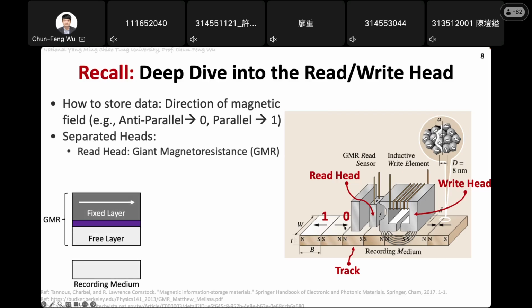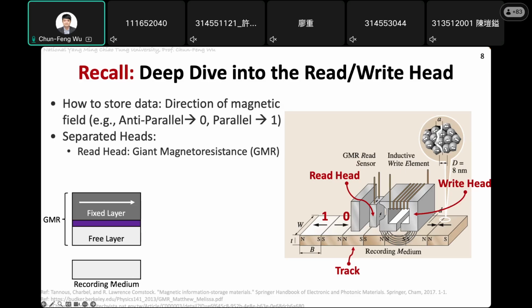So for the read head, it is using a technology called giant magnetoresistance. For this GMR technology, the read head has two layers, a free layer and a fixed layer. Fixed layer means the magnetic field is always in the same direction. And the free layer, just like its name, depends on the recording medium.